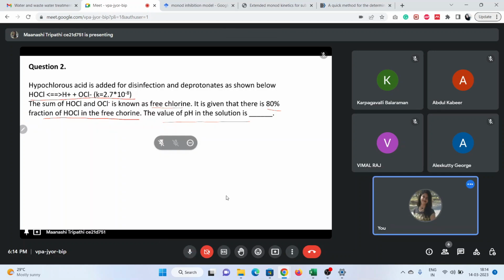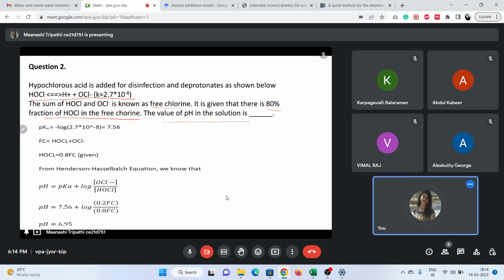Okay, we'll see the solution now. So what is pKa? This is the Ka value. K means association constant. So what is pKa? Negative log of Ka. So this is what we got. What is free chlorine? HOCl plus OCl- as given.